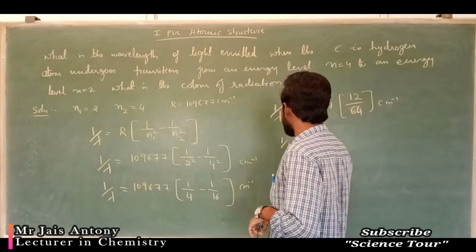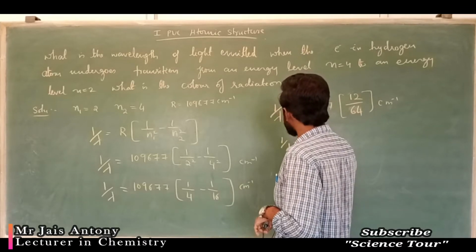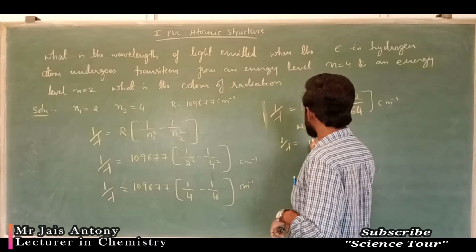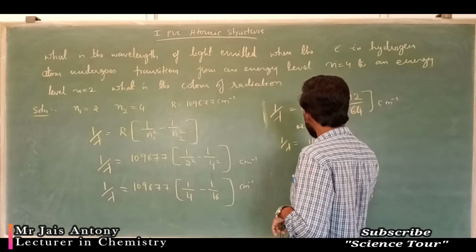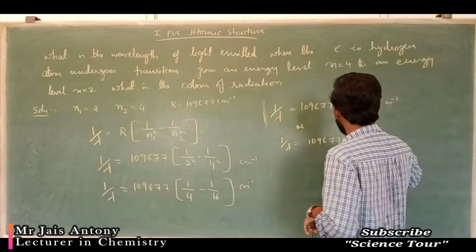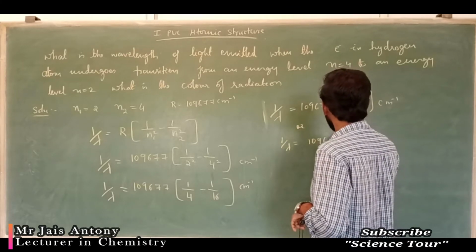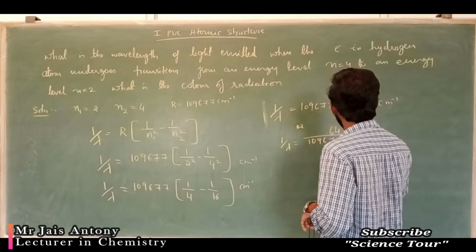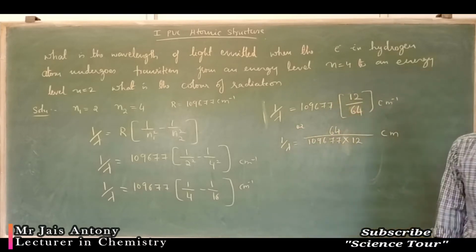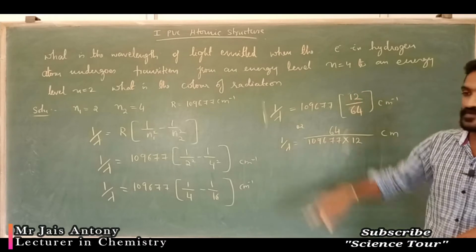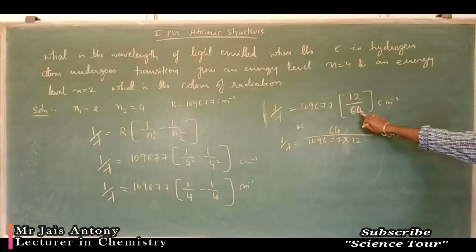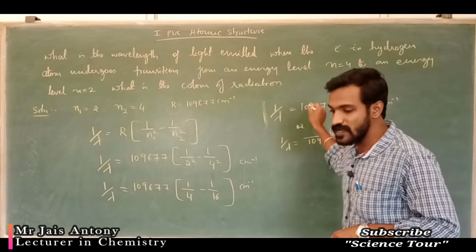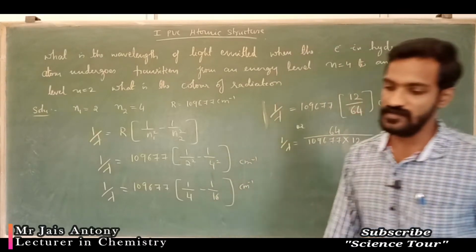1 by lambda is equal to this, or you can write like this also, the same. 64 into 12. Now this becomes centimeter, not inverse, because you have taken 64 up.